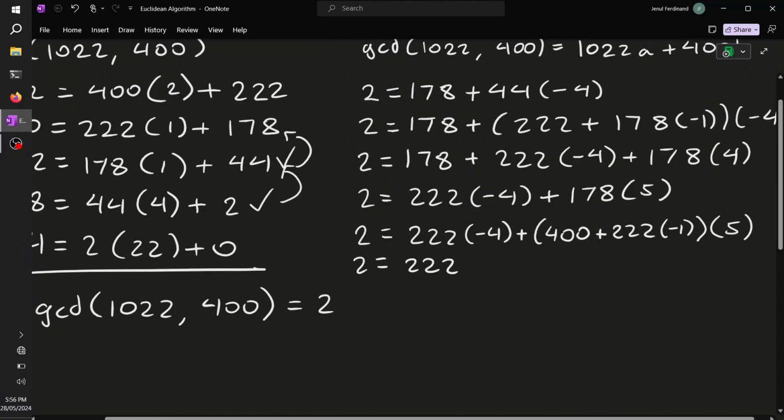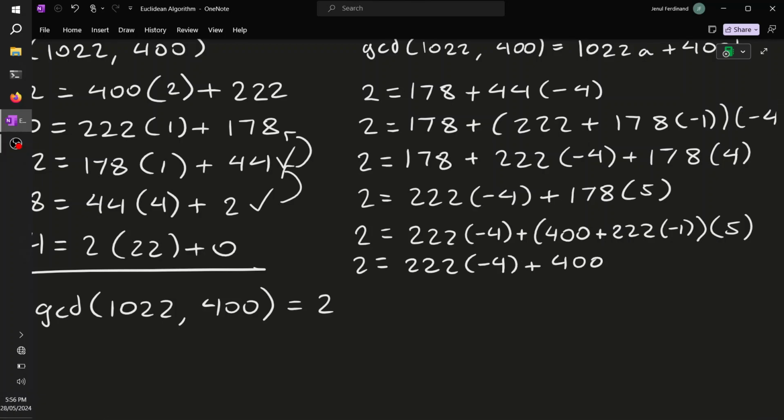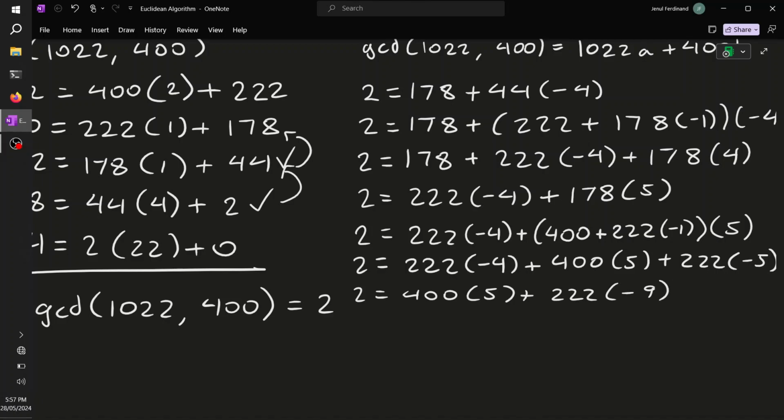Multiply through. And then collect the like terms. That becomes negative 9.